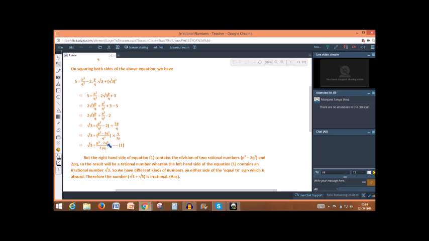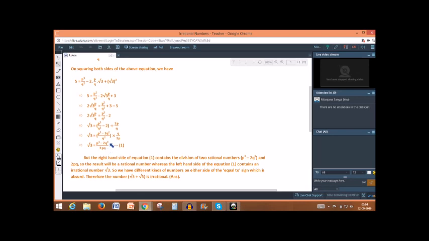And we know that integers are rational numbers. So this part is a rational number. Also p, q and 2, all of these are integers. So when multiplied together, the product will be an integer, which is nothing but another rational number. So we have a rational number in the numerator as well as a rational number in the denominator.